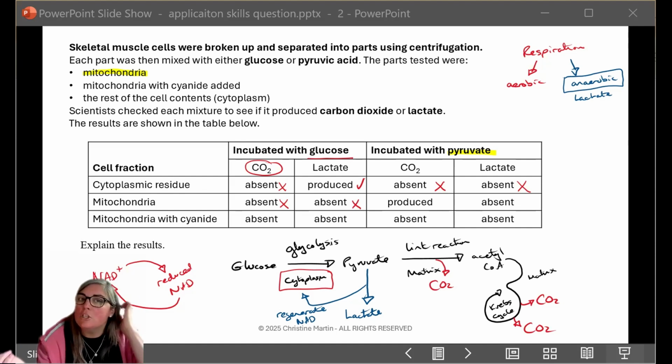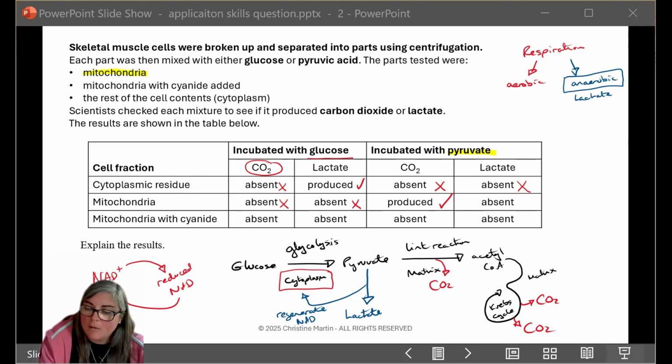When we look at it with regards to the incubated with pyruvate in the mitochondria, we can see that carbon dioxide is being produced. And we know that carbon dioxide is produced in the link reaction, and we also know that carbon dioxide is produced in the Krebs cycle. So that is an expectation that we would expect to be present.